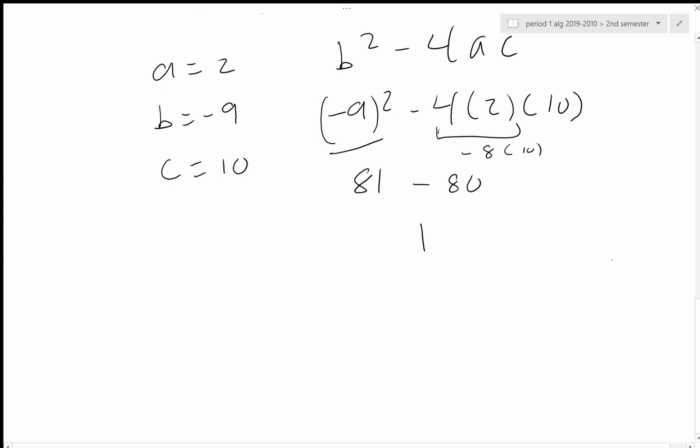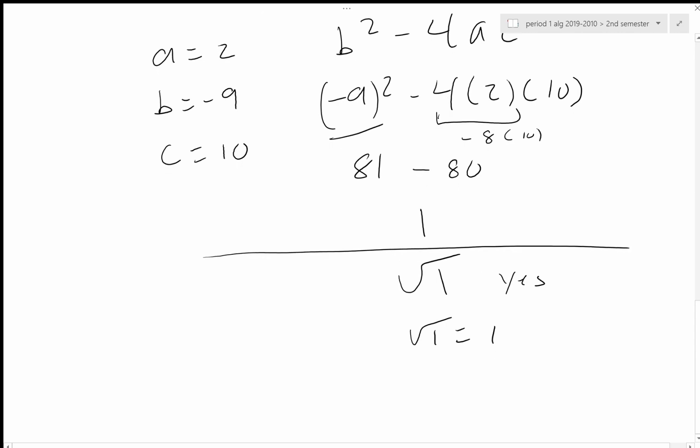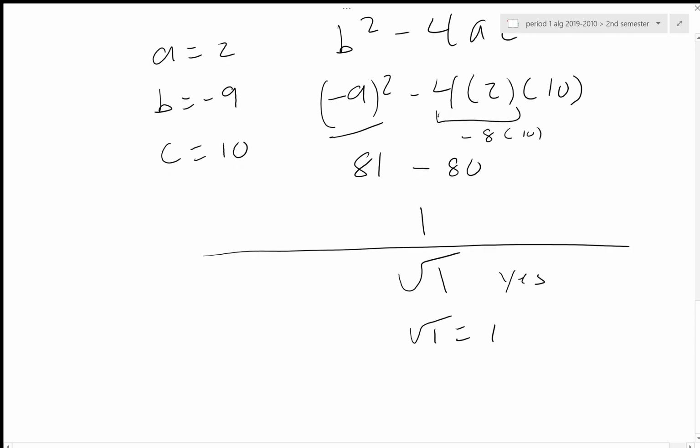Okay. Now, does 1 have a square root? The answer is yes. The square root of 1 is 1. Okay.